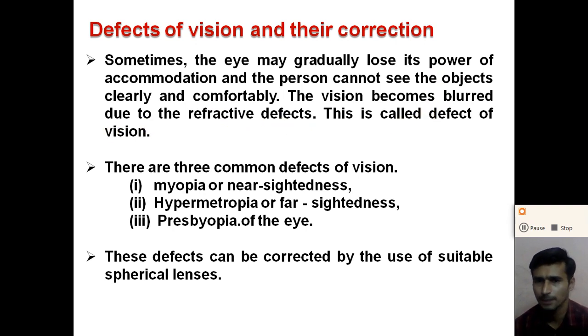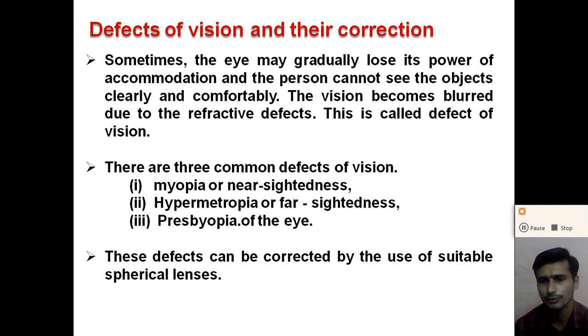If the power of accommodation of the eye lens is lost, the person cannot see the object clearly and comfortably, and the vision cannot be clear. This is called a defect of vision.